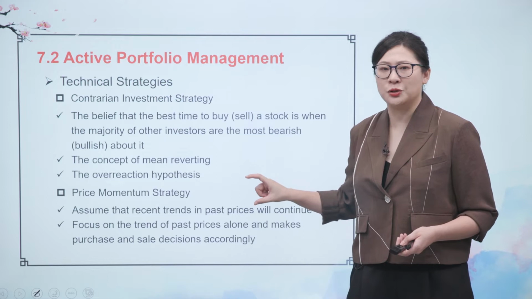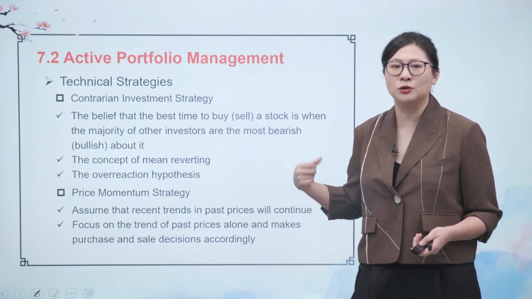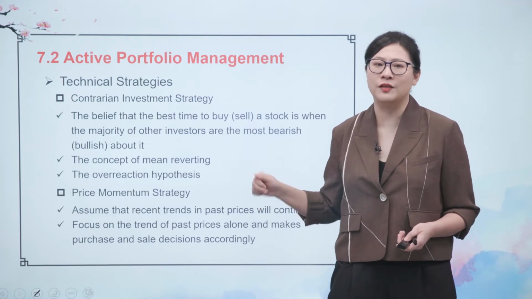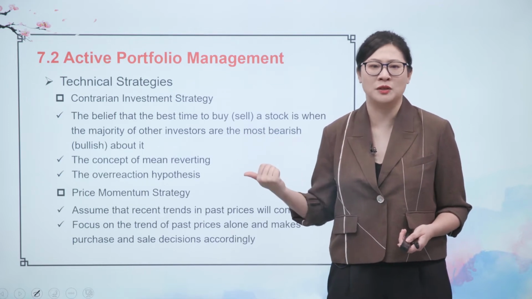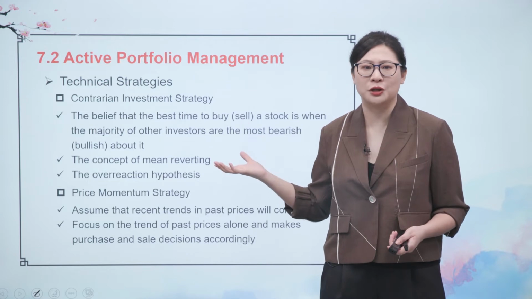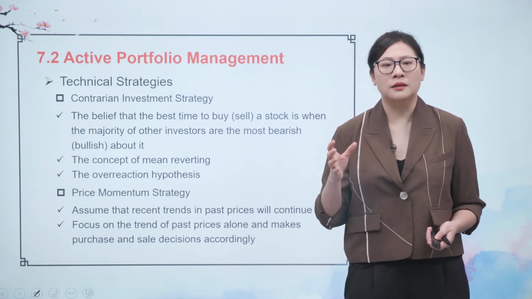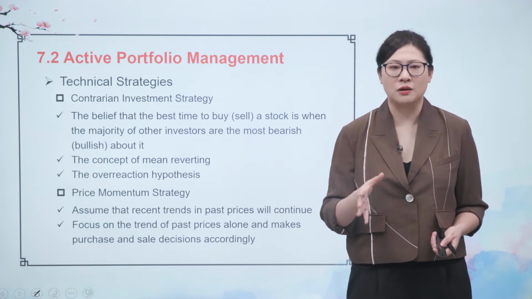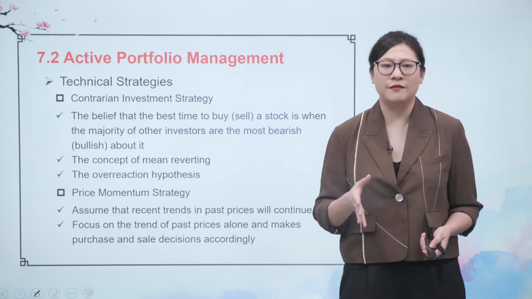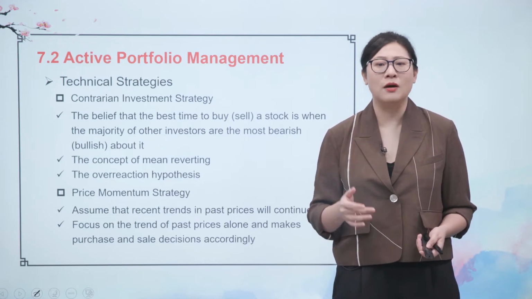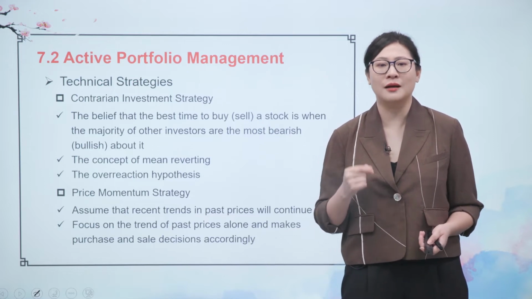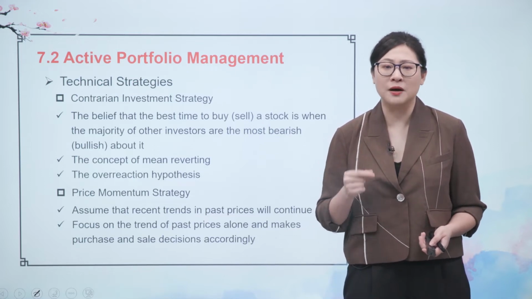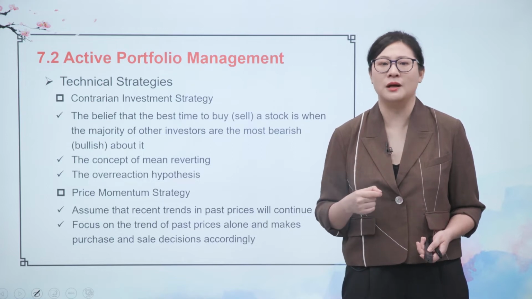But opposite to this momentum strategy, mutual fund managers might have a different strategy, which is called the contrarian investment strategy. In this contrarian investment strategy, the mutual fund manager or investor believes that the best time to buy or sell a stock is when the majority of other investors are the most bearish or bullish about it.